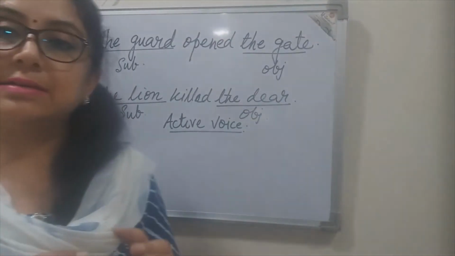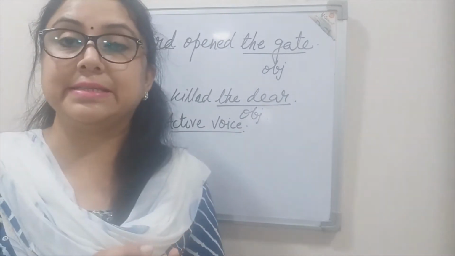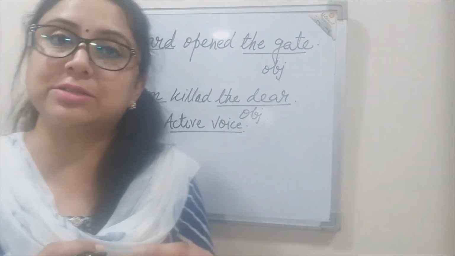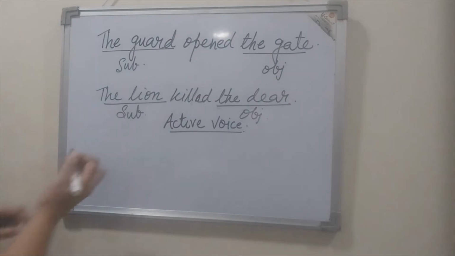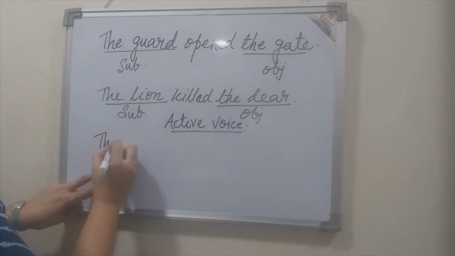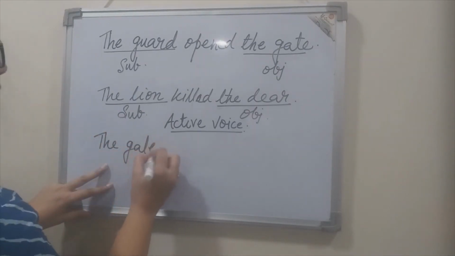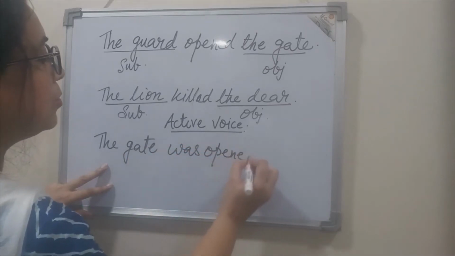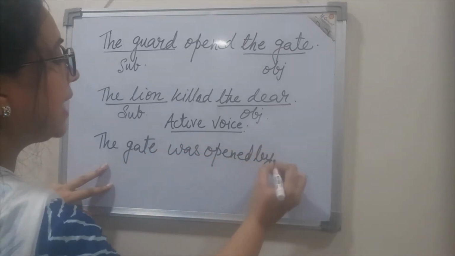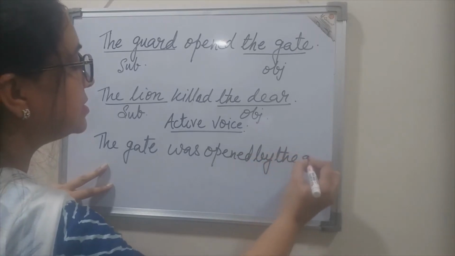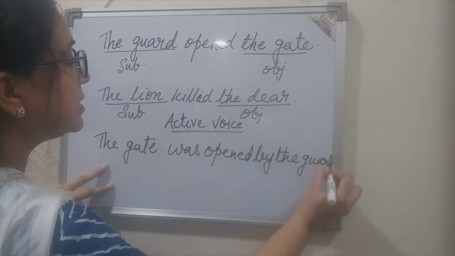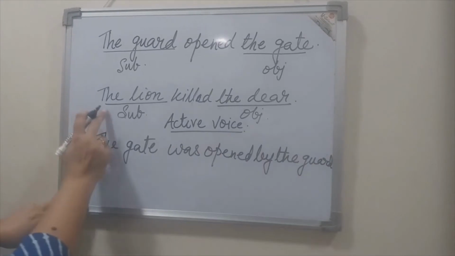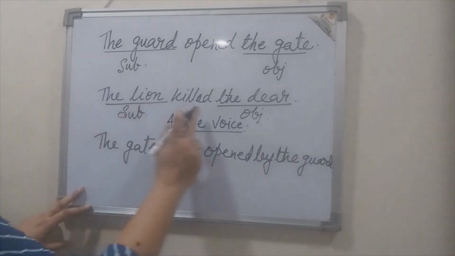Now, if I change the same sentences in a different structure, right? So, let's see. The gate was opened by the guard. Or maybe, the second sentence, the lion killed the deer.